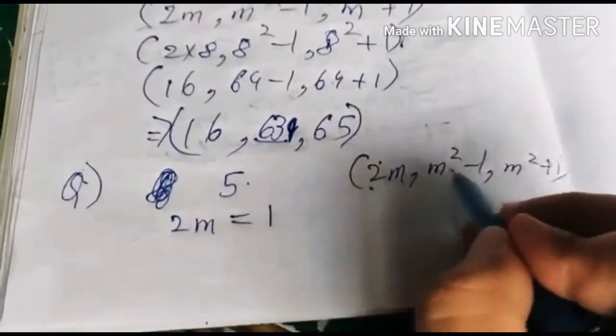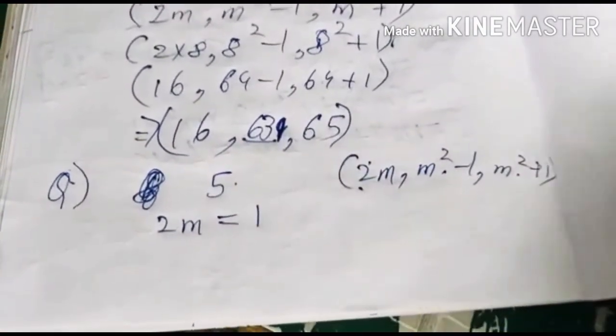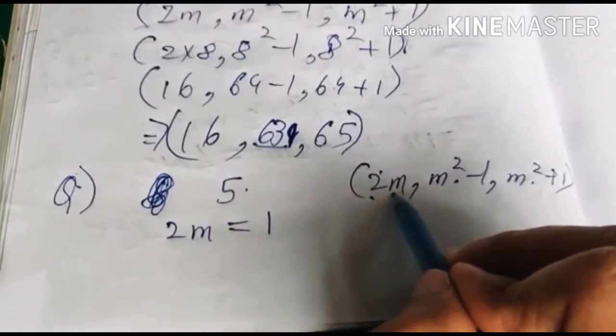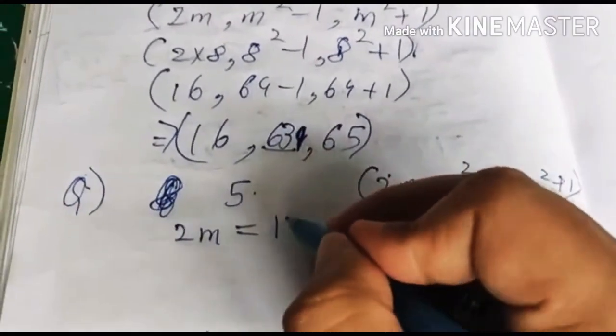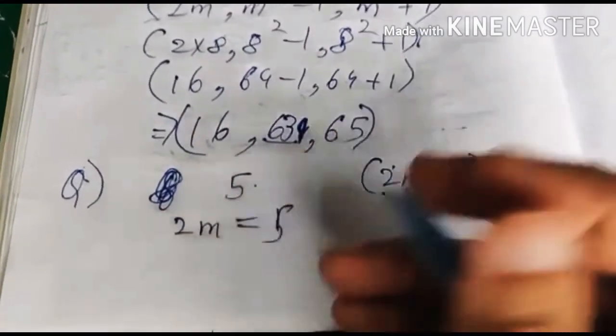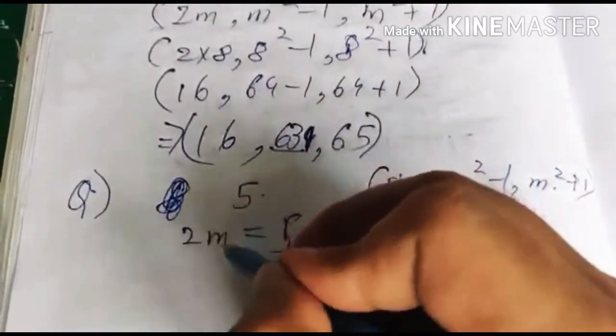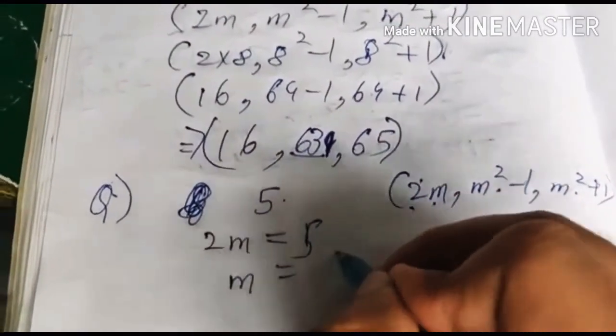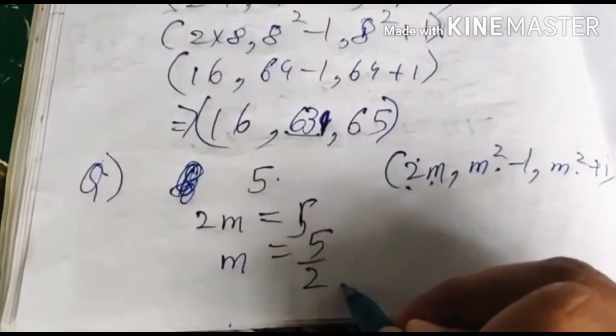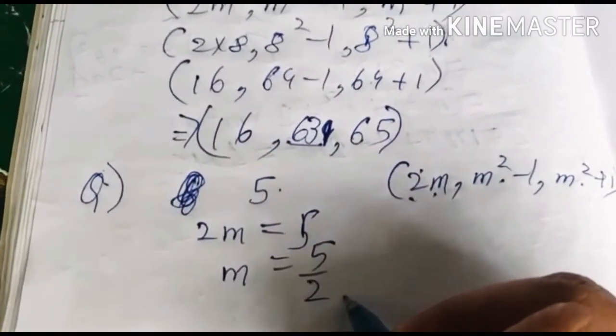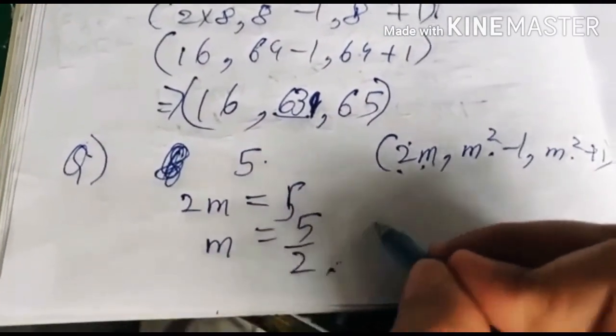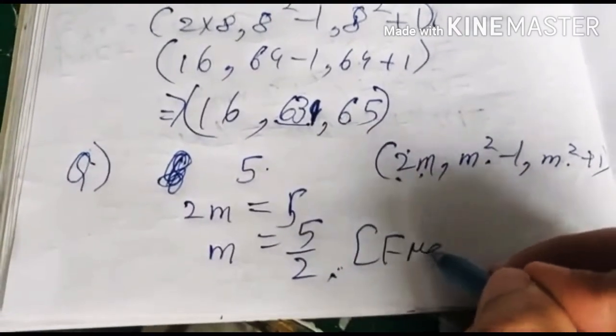It can come here, here or here. It can come at any place. If we take 2m equals 5, then m will be equal to 5 upon 2. No, we won't take this, as it is a fraction.